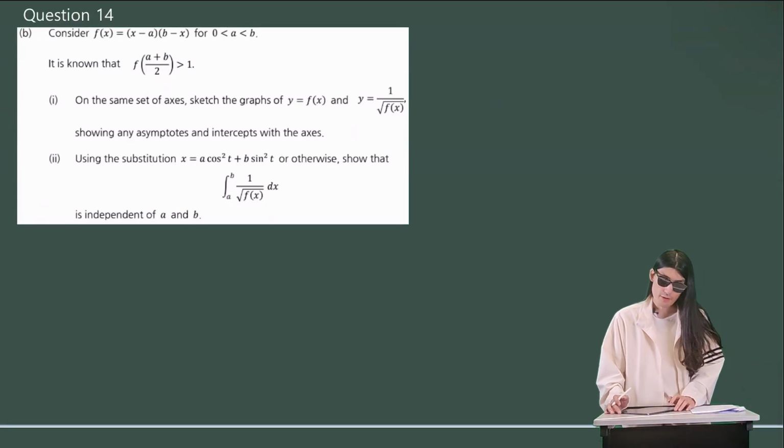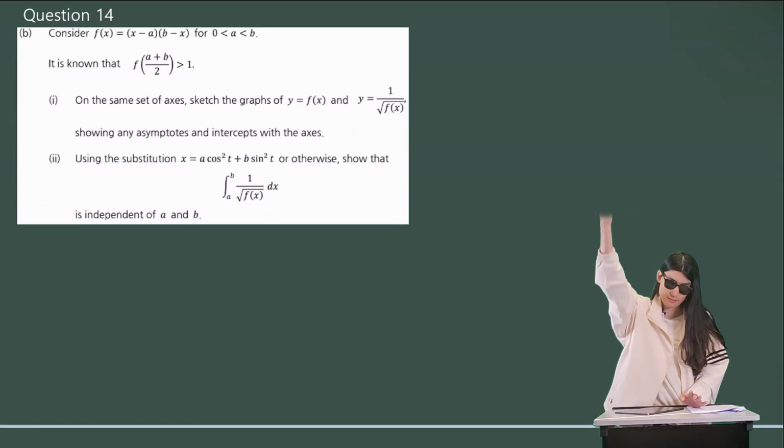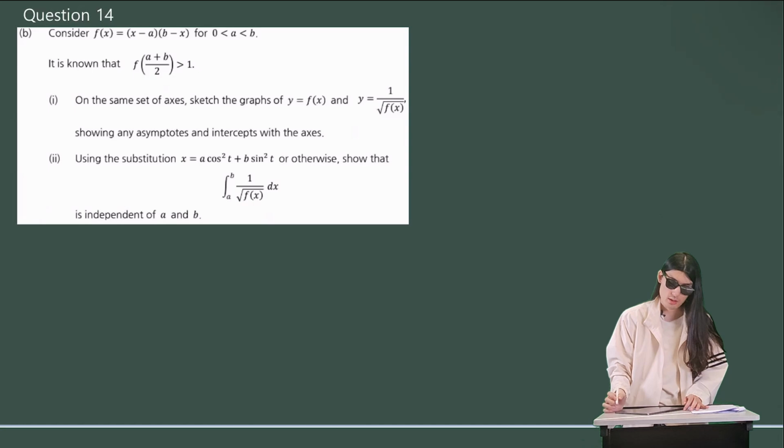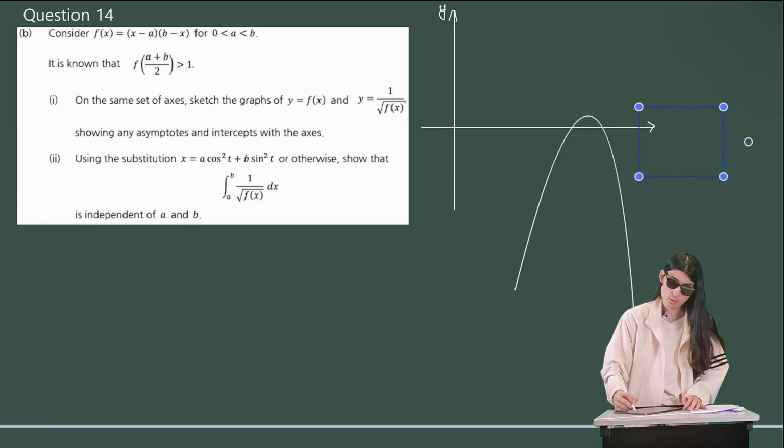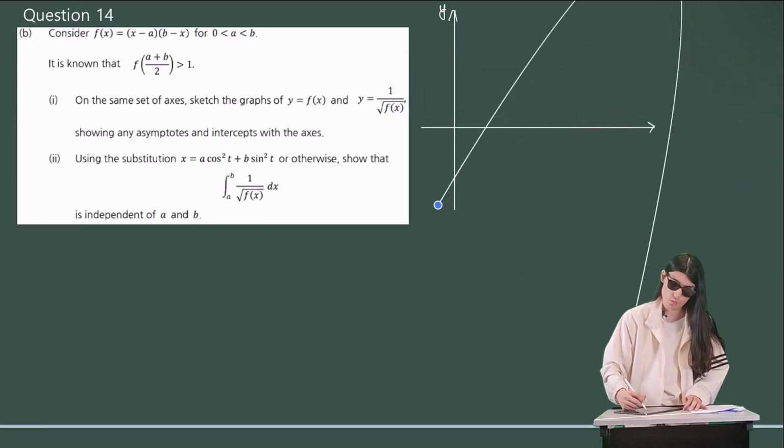The graph of f of x is of course a concave down parabola that's got roots at a and b, but both a and b are positive numbers. So your parabola would then look something like what I am sketching right now.